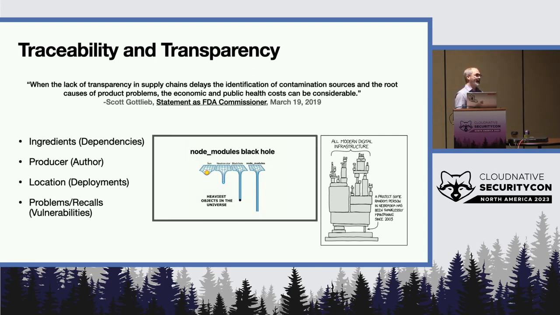How long did your last NPM install take, and did you recognize all those packages? How do you determine where you have the products installed, and how do you detect if there's a new vulnerability in those products? And how do we make sure we're not this XKCD cartoon where we build this fantastic new product, but somewhere in the dependency chain there's a project that's under-supported, vulnerable, or problematic?